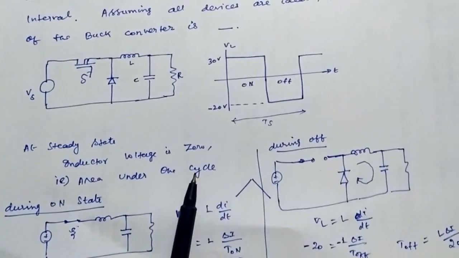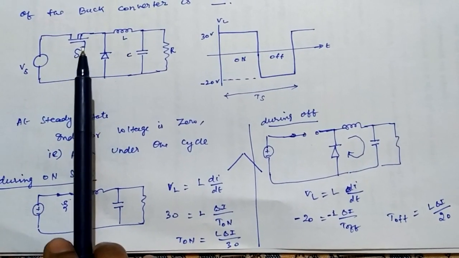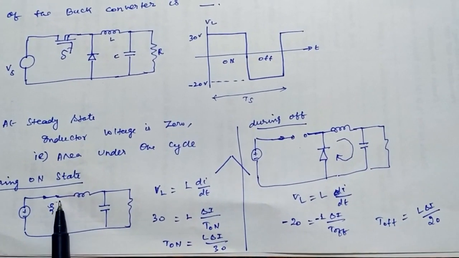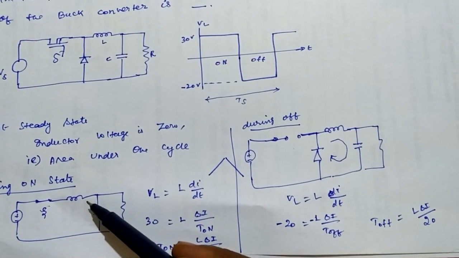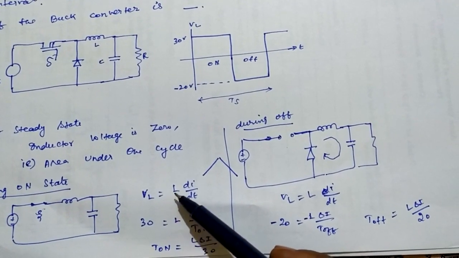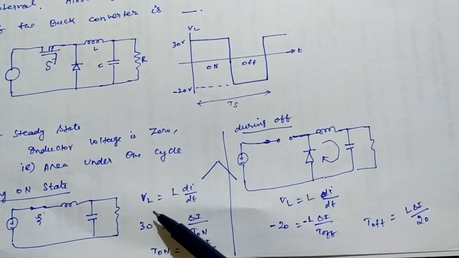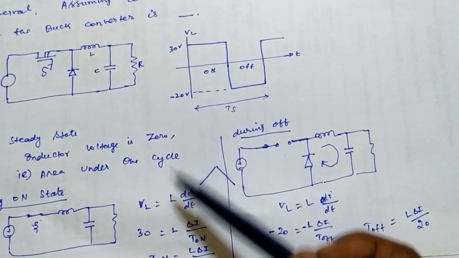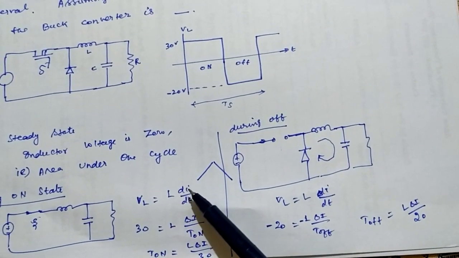Now this can be explained under two modes. First, when the switch is on, there will be a current flow through the inductor and the load. At that time, the voltage across the inductor is L into di by dt. So when the switch is on, the voltage across the inductor is 30 volt, equal to L into the rate of change of current.